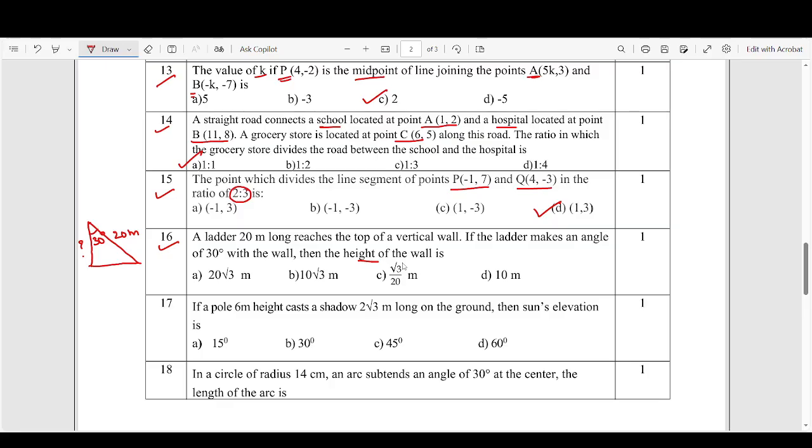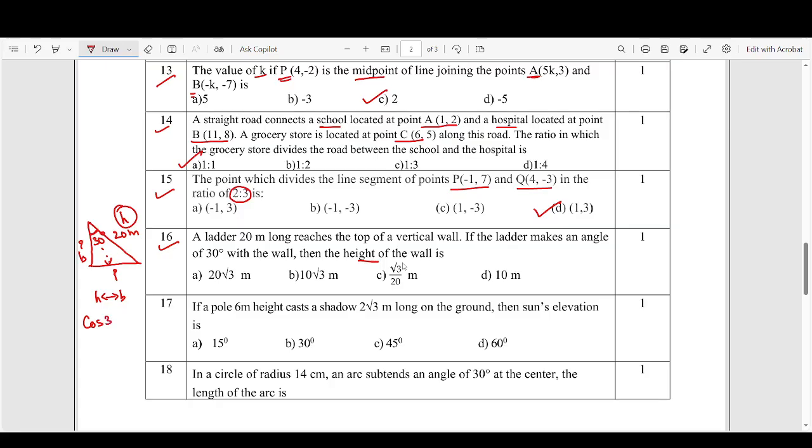Now we can see that it is a right angle triangle. We are using the concept of trigonometry. This is our hypotenuse, and this is our acute angle 30. So the side which is opposite to the acute angle is our perpendicular and this is our base. That means we need the relationship which deals with hypotenuse and base. So we know that cos theta is equal to b upon h.